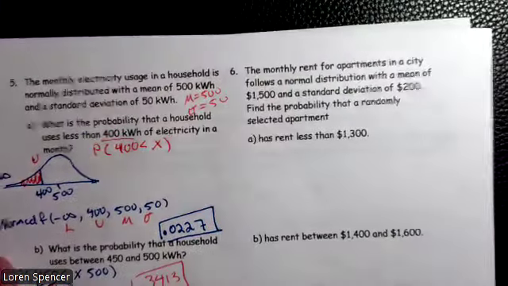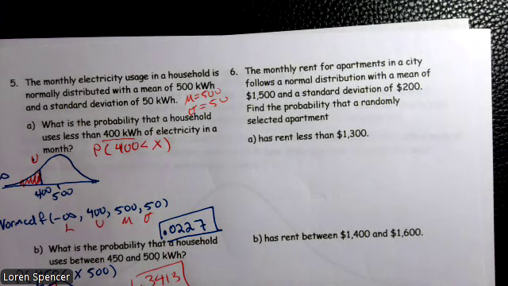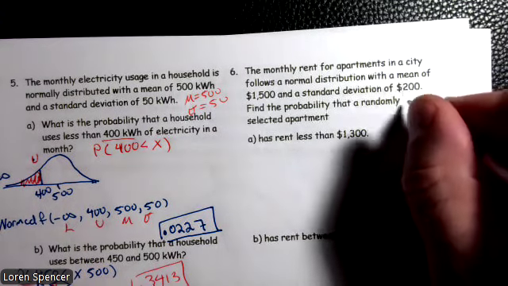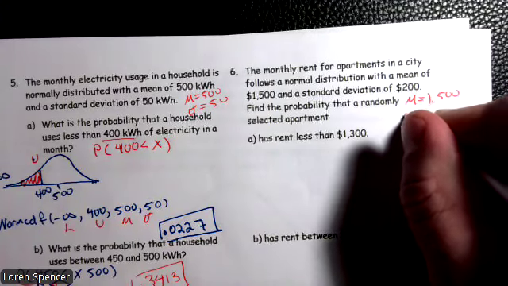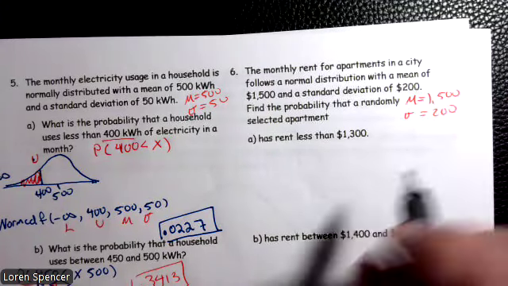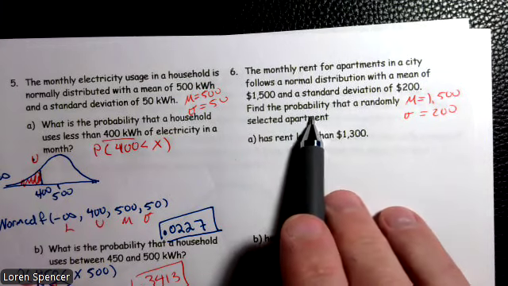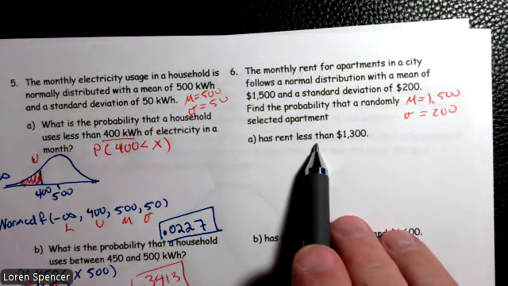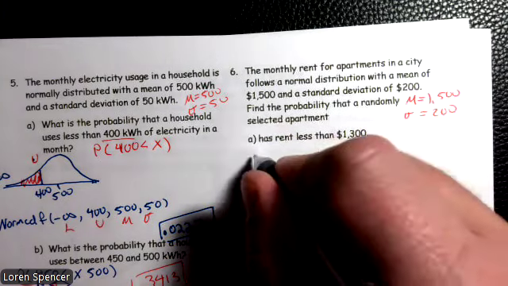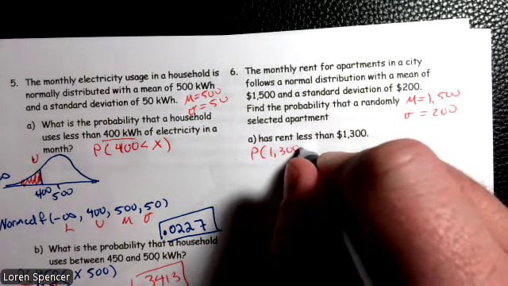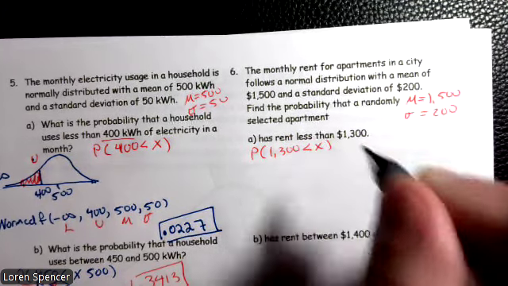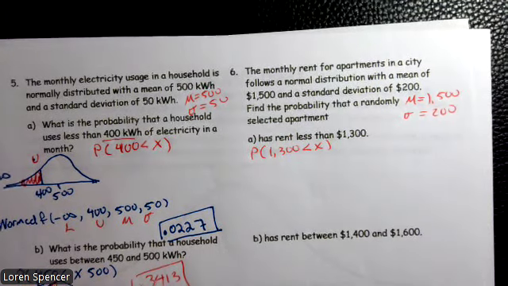All right, number 6. The monthly rent for apartments in the city follows a normal distribution with a mean of 1,500 and a standard deviation of 200. Find the probability a randomly selected apartment has a rent less than 1,300. So we want the probability that X is less than 1,300.